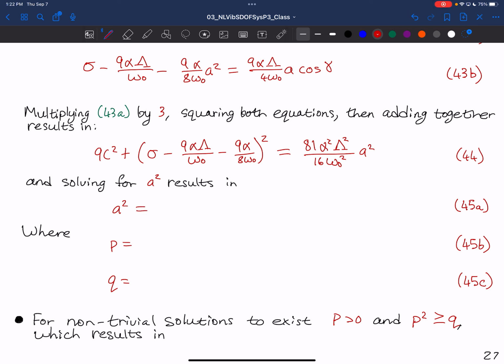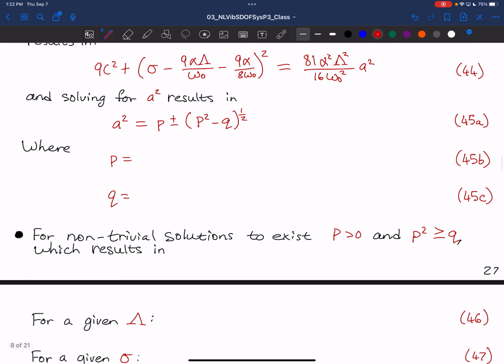is equal to p plus or minus the quantity p squared minus q to the 1/2 power, and then I'll write down what p is.